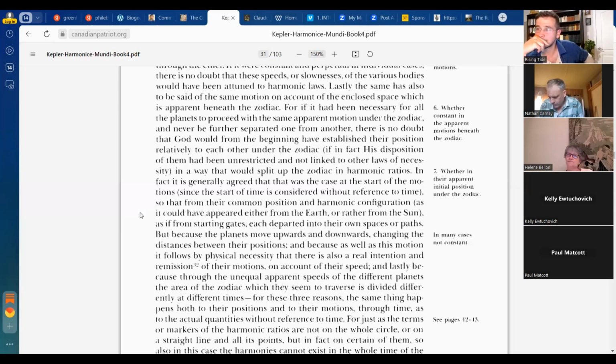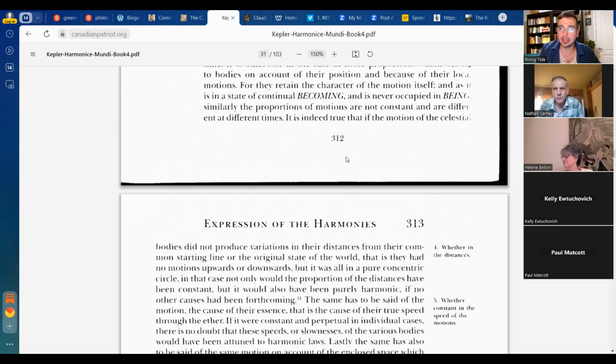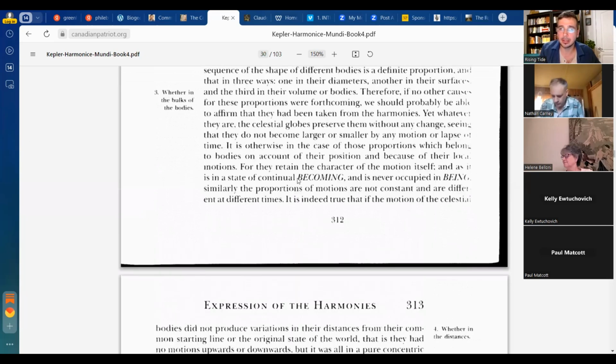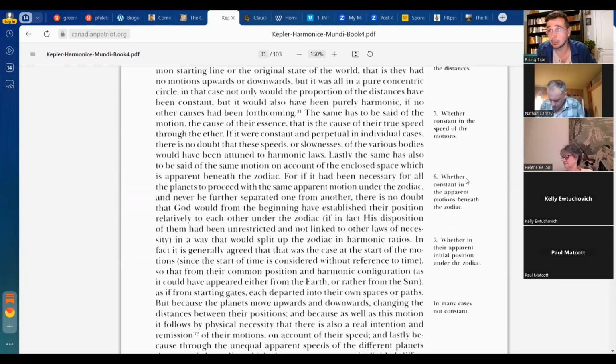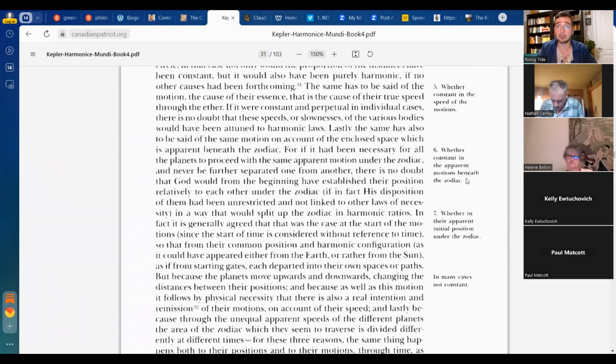Did he mention something about the planets being or becoming? Something to do with their motion? Yeah, he was saying that the planets are in a perpetual state of becoming. They're never in a state of being, which is the state where things don't change. Yeah, once things are set in motion.